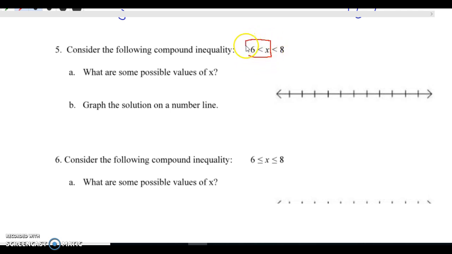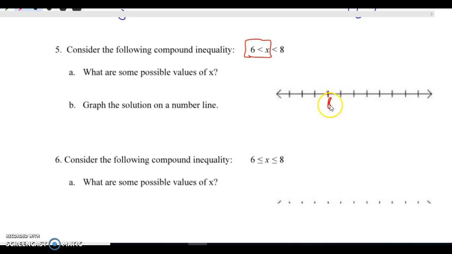So if I just look at this side and ignore the less than 8 sign over here, just focus on this, what it's telling me is that I want to shade in numbers that are greater than 6, right? So if I put 6 over here, that means I'm going to shade in the numbers. Now let me actually fix my 6. It doesn't look like a 6.